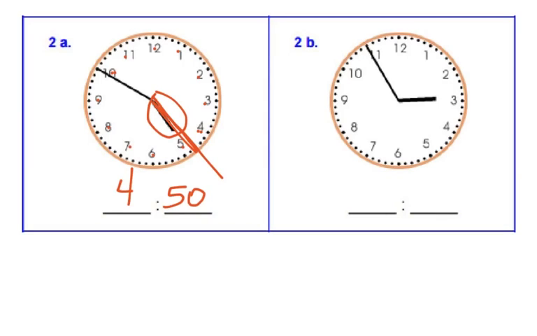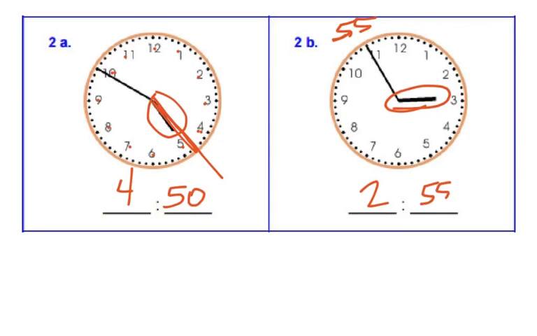Okay, now look at this one. This hour hand is so close to the 3. But look at that time. The minute hand is going to 55. I know that it can't be 3:55. Because if it was 3:55, this hour hand would be close to the 4. So this is still the 2 o'clock hour, and it is 55 minutes.